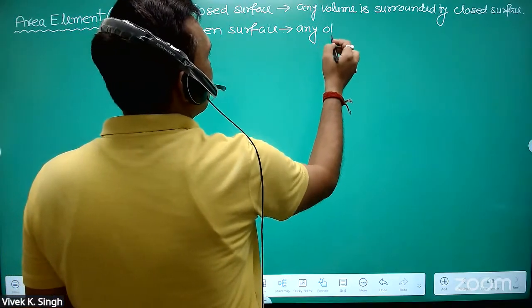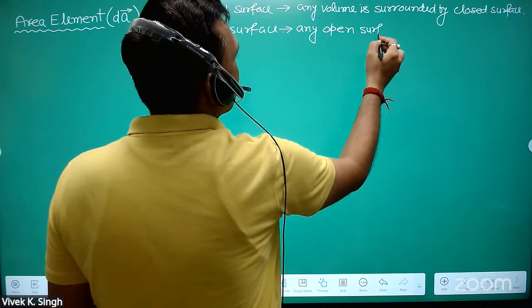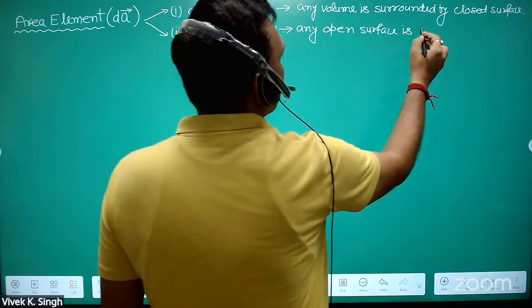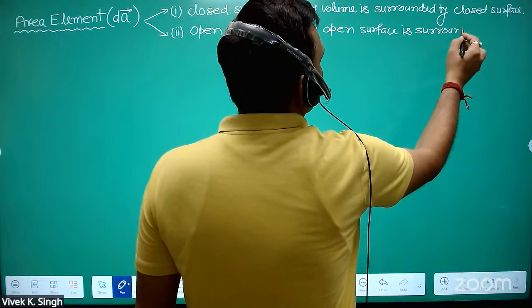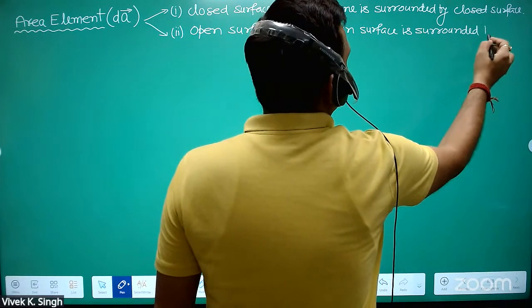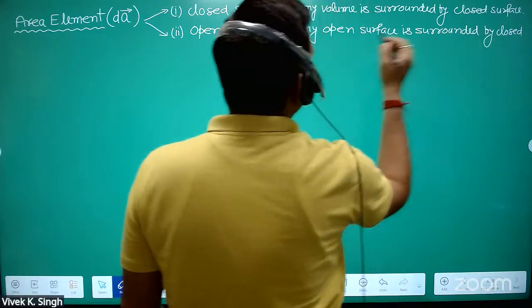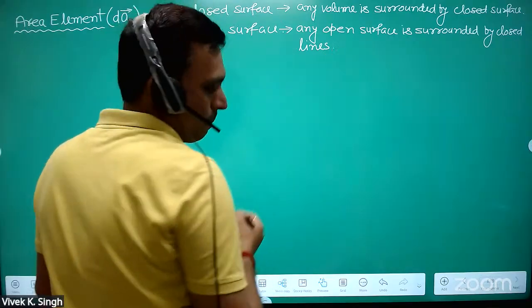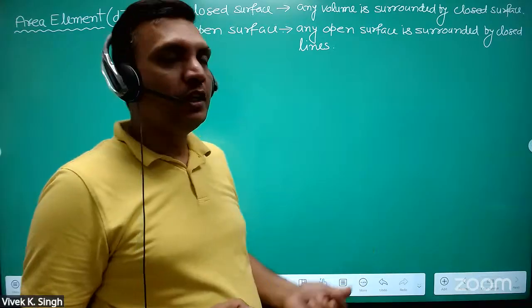Any open surface is surrounded by a closed line. If you have an open surface, it will be surrounded by a closed line.